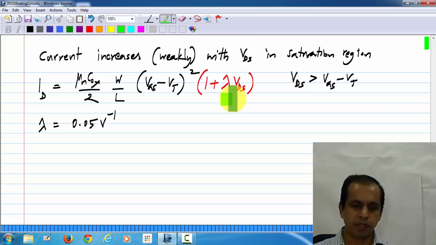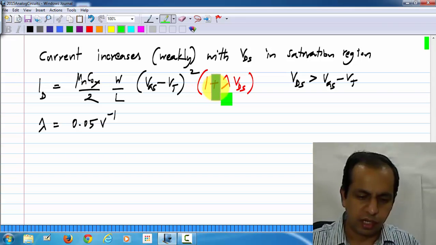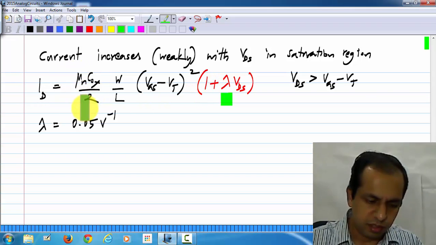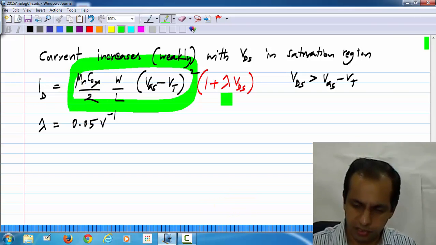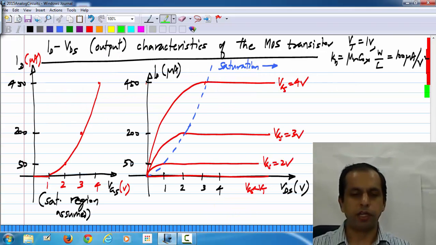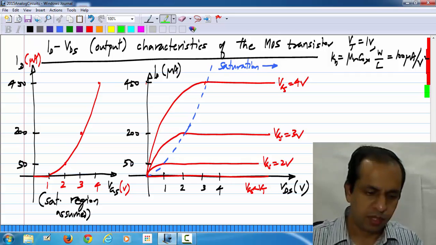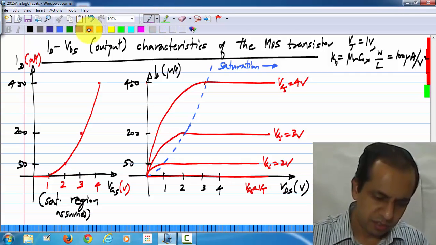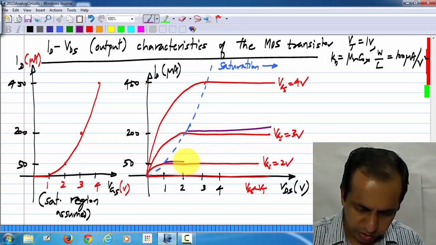Okay. So, now if I plot this, what happens? The current obtained from this term, what I have shown in black, is what I have plotted here. Now, to this I have to have a multiplying factor of 1 plus lambda VDS. What happens if I do that? In the saturation region, the current will increase slowly.